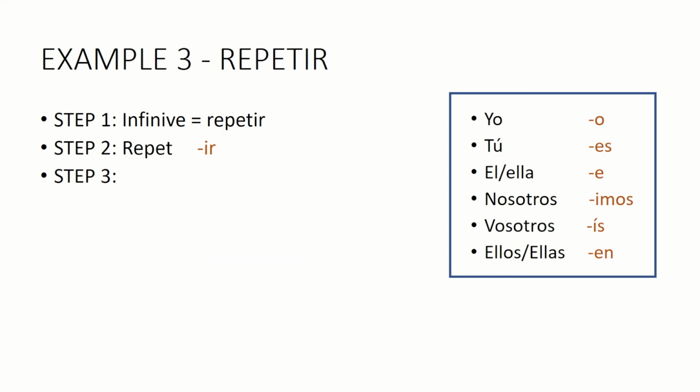Example number 3, repetir, which is to repeat. So step number 1, infinitive, repetir. Step number 2, we drop the last 2 letters. And step number 3, we add the endings.